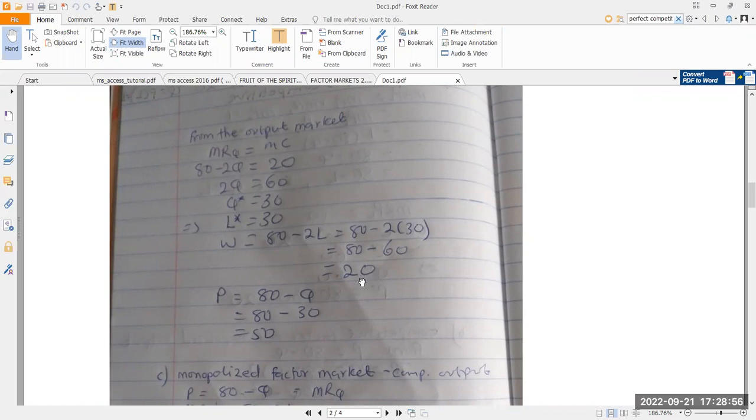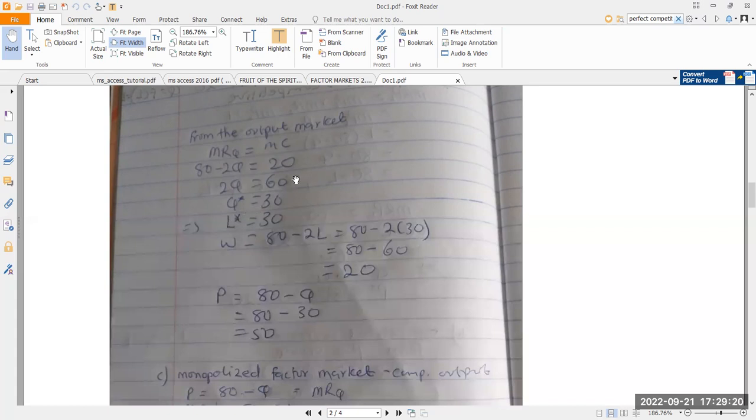A monopolist hardly breaks even. They always charge a price above their marginal cost, what you call the markup. So the monopolist output firm will charge a price of 50, pay a wage of 20, and limit the quantity that he produces.